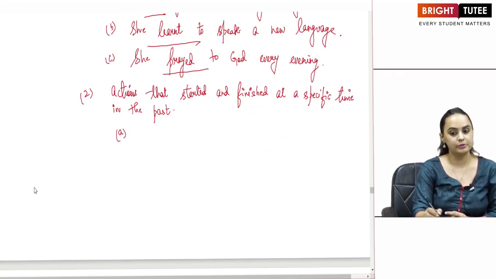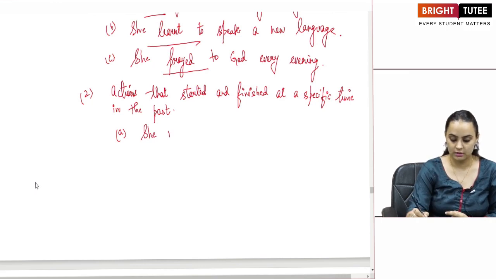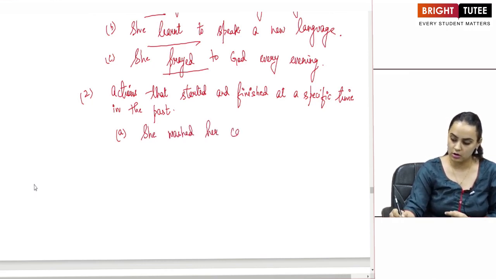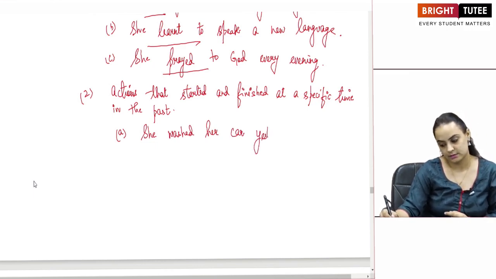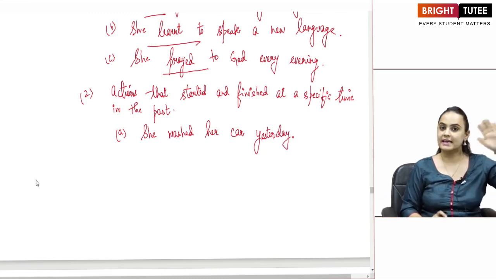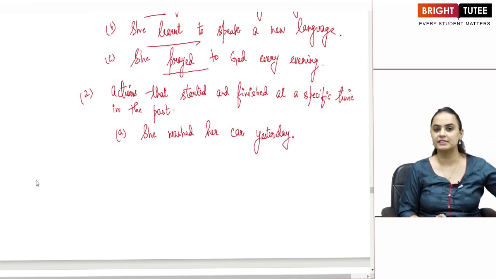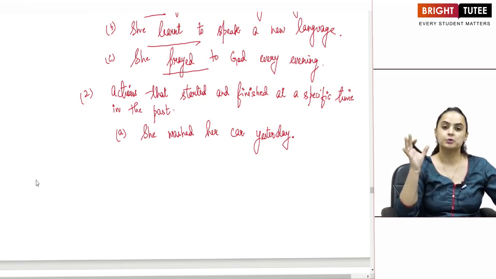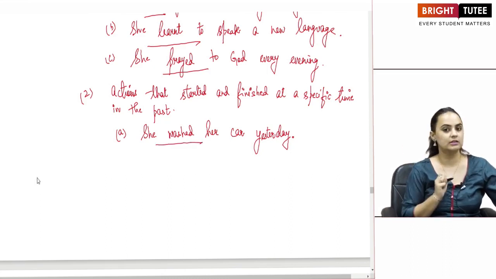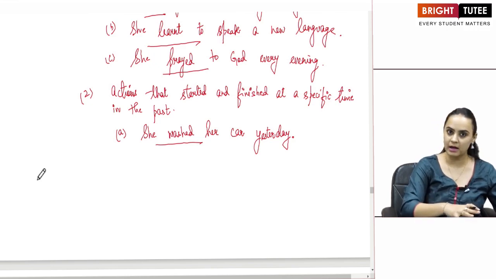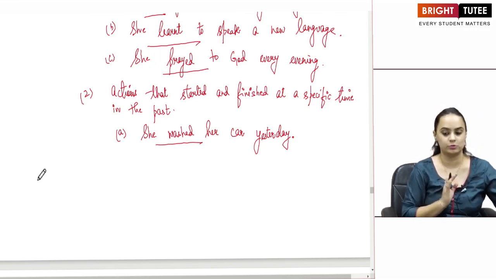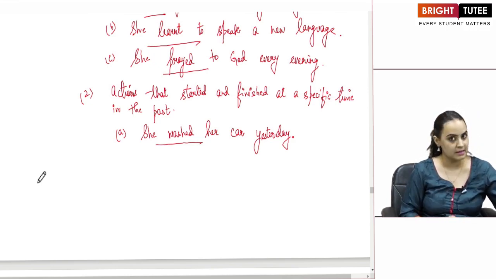For example, she washed her car yesterday. Yesterday is something which obviously is a thing of past. So this action of washing the car, this began in the past and this ended in the past also. So we use the simple past tense.